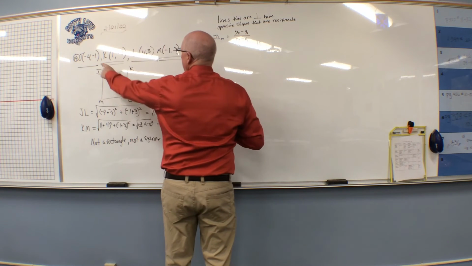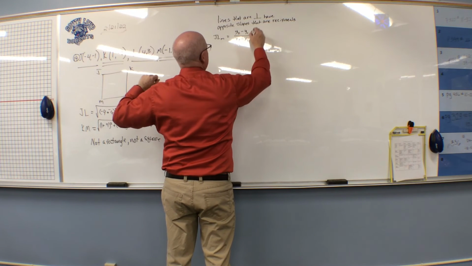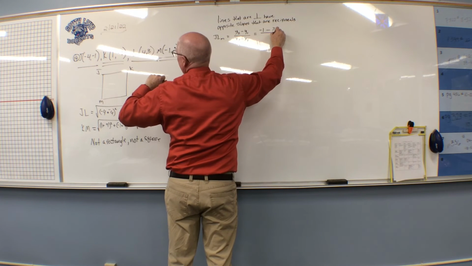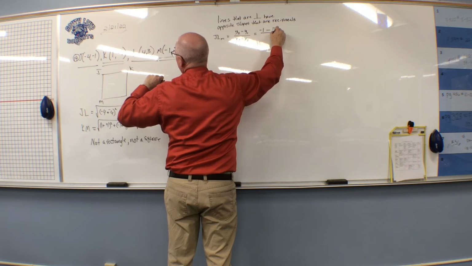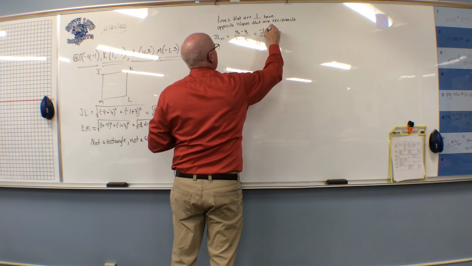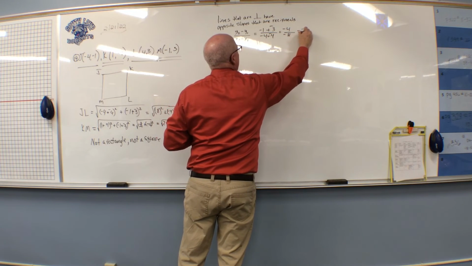So I'm going to go J, L. So change in y, be careful here. It's -1 minus 3 over -4 minus 4. Is that correct? So this is -4 over -8, which is 1/2.